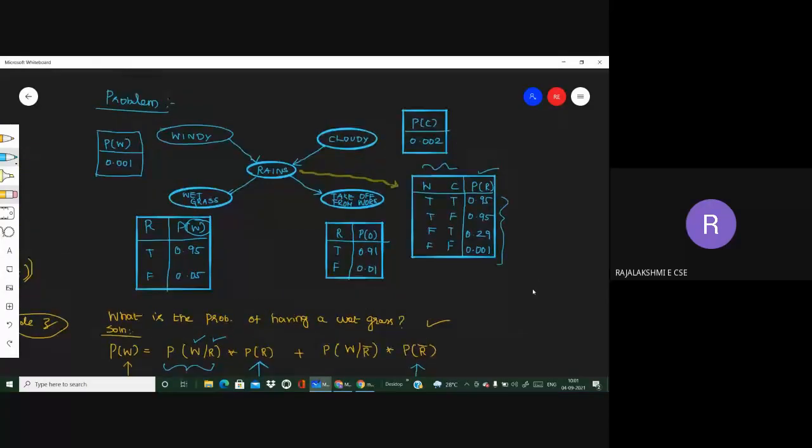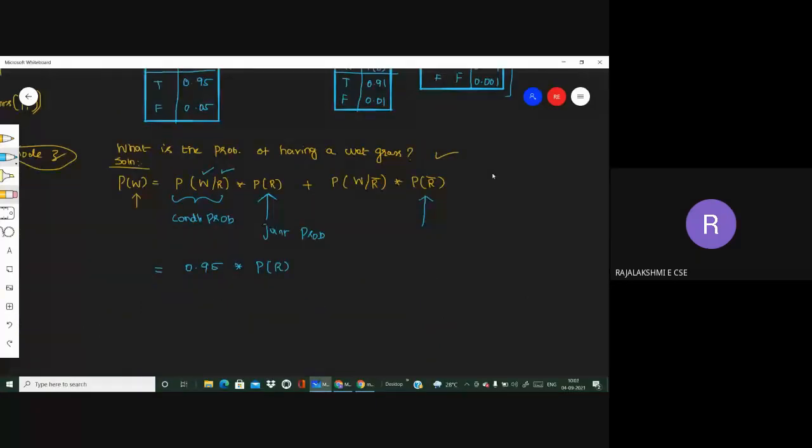See the probability table of rain. The probability of getting rain depends on two factors. What are they? Windy and cloudy. So I have to calculate it separately. So this is nothing but the joint probability. Here I have to take this joint probability. This is the condition. I will explain that separately.